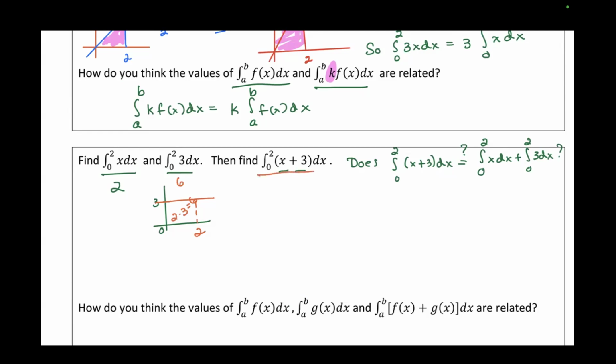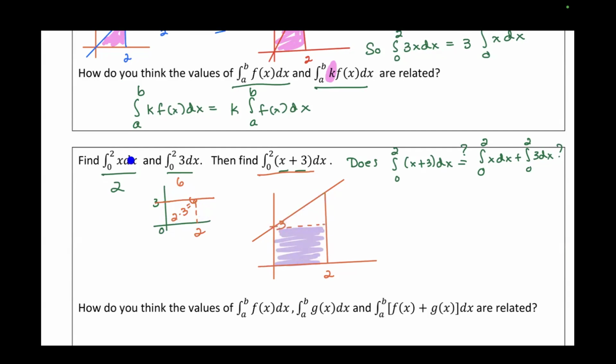All right, what if I do the integral from 0 to 2 of x plus 3? Okay, so it crosses the axis at 3, slope is 1, I'm going from 0 to 2. Hey, looky here, folks. Right here, I have a rectangle that's 2 by 3.